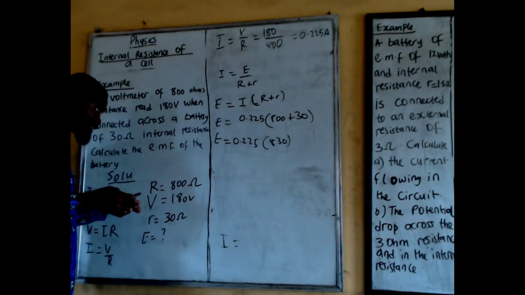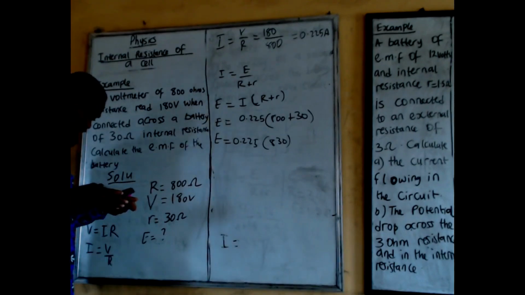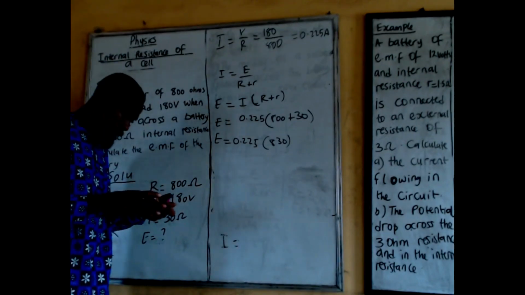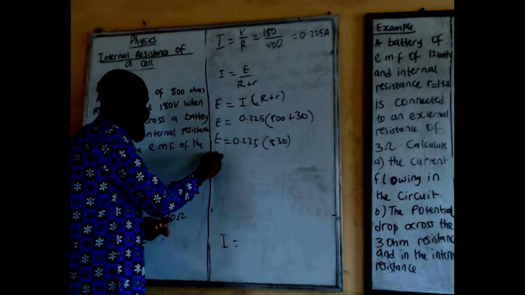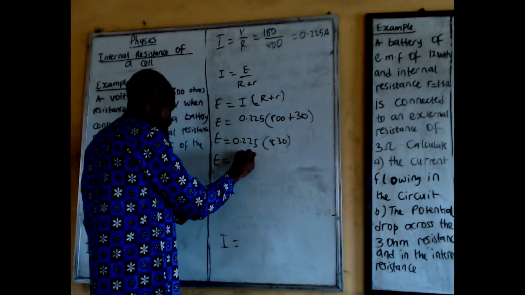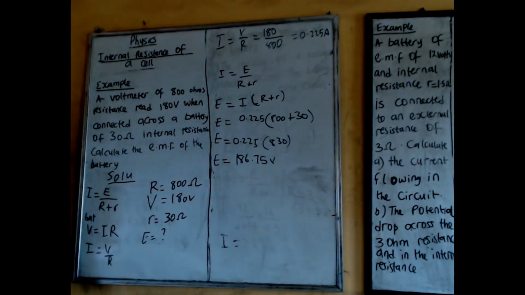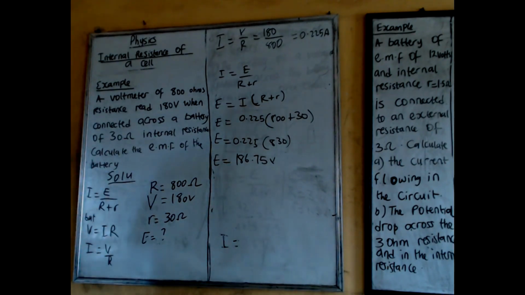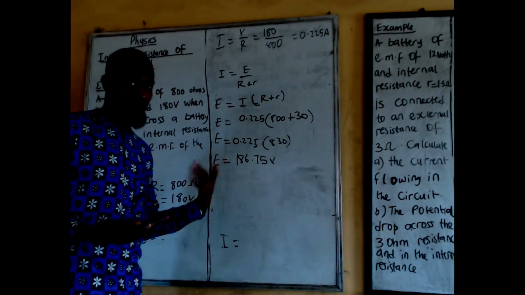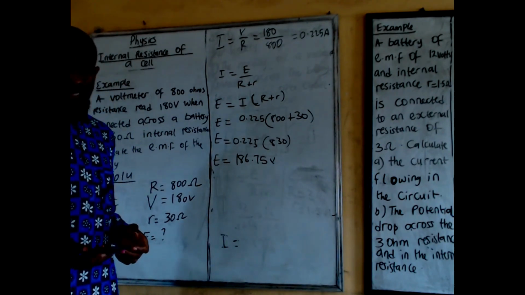Now 830 times 0.225 will give us 186.75 volts. That will be the EMF of the cell. So we have advised you to come around and play with questions under this topic.